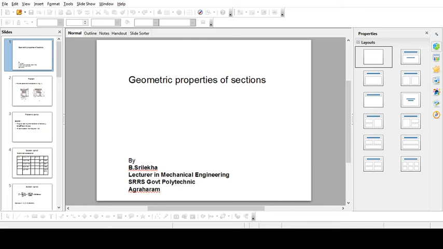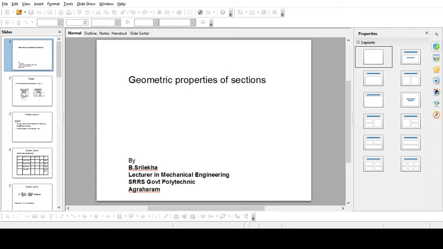The rectangle dimensions are 80 and 40, so it is simply L into B, 80 into 40, which is 3200.